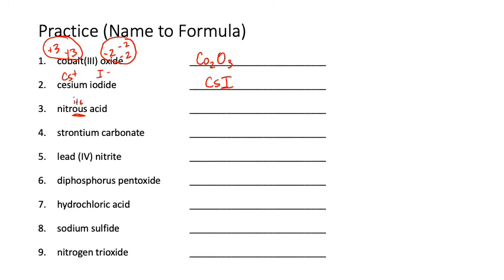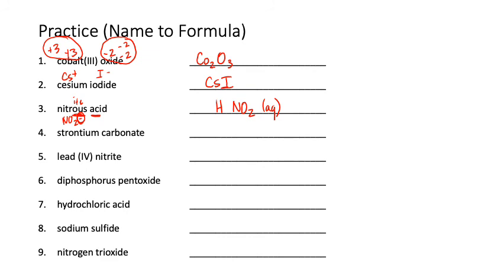And nitrite is going to be NO2-. That's our formula for nitrite. So we have NO2. Again, this is going to have hydrogen with it because it's an acid. Here we just have a -1 charge, so we only need one hydrogen with it. So that would be HNO2(aq).